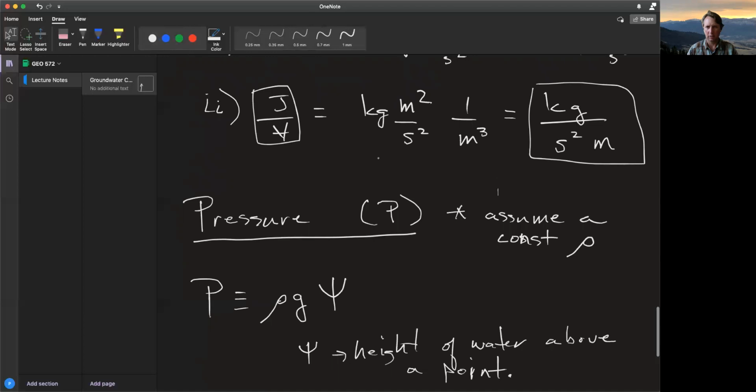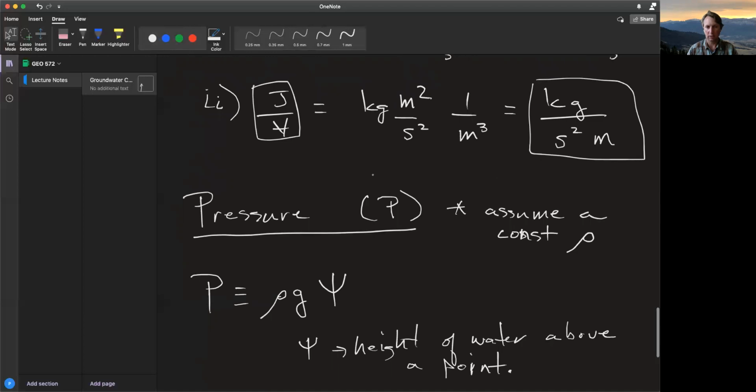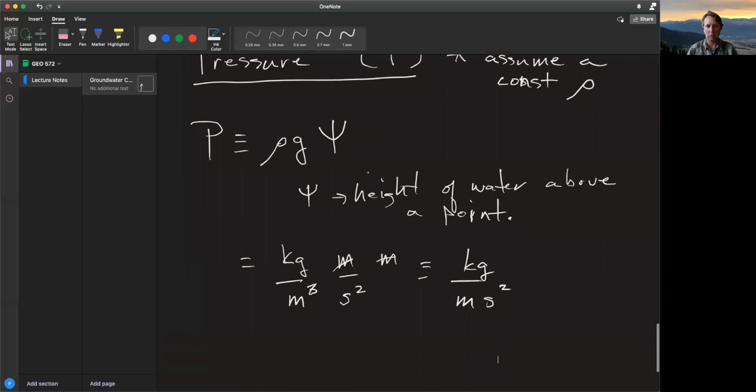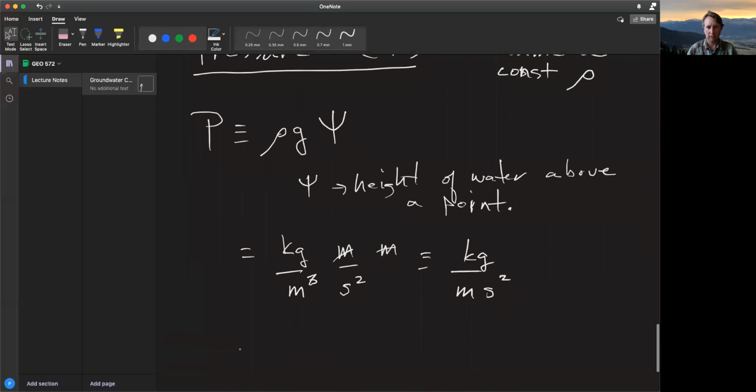All right, so pressure is essentially equal to the pressure energy. This is the pressure energy per unit volume.